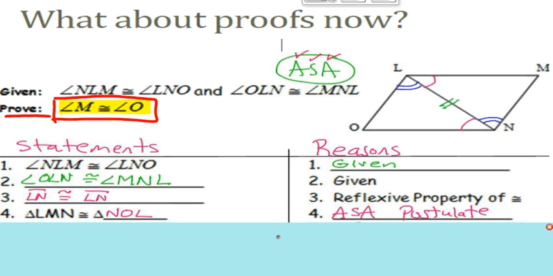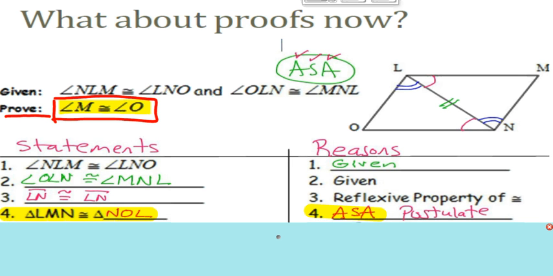So we're going to go through, and every single step is going to be the same as what we've been doing. For example, my last step right here down at the bottom right is I have proven these triangles are congruent by angle, side, angle.